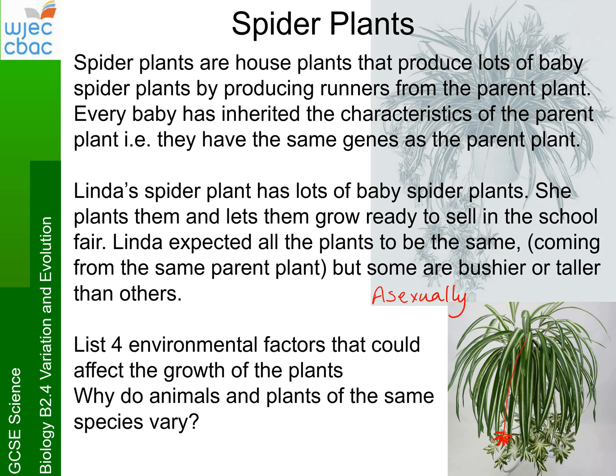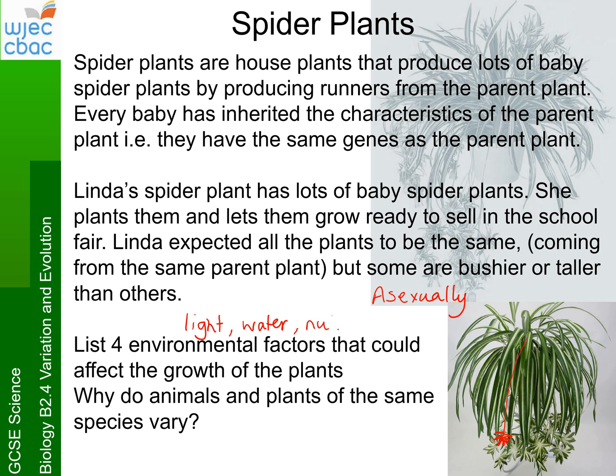So, our spider plants, if we plant them in some soil, the reason why they could end up looking slightly different, even though they're genetically identical, is that some could have more light than others, so they would be carrying out more photosynthesis. Some might get watered more than others, so that they would be able to grow.